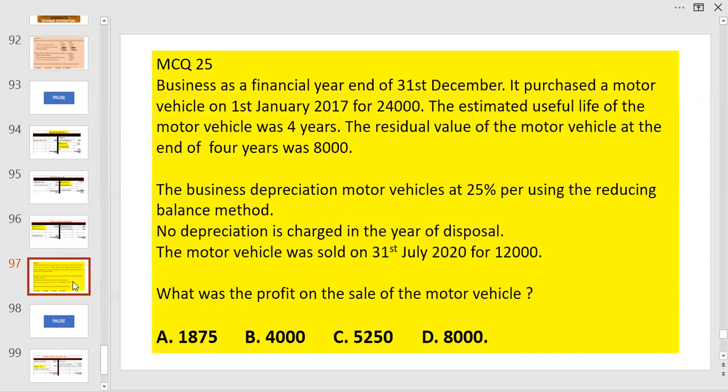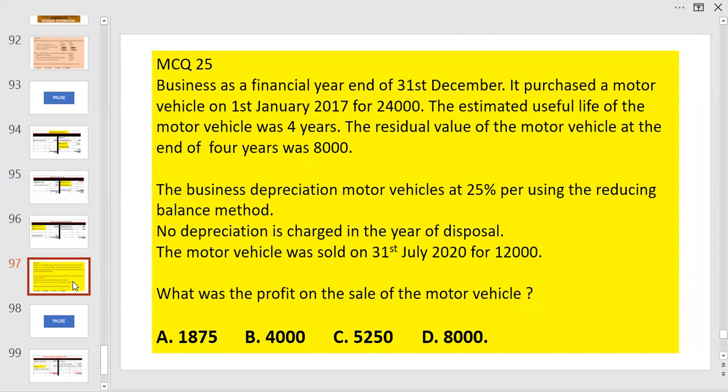A business has a financial year end of 31st December. It purchased a motor vehicle on 1st January 17 for 24,000. The estimated useful life of the motor vehicle was 4 years. There is no residual value of the motor vehicle at the end of 4 years.